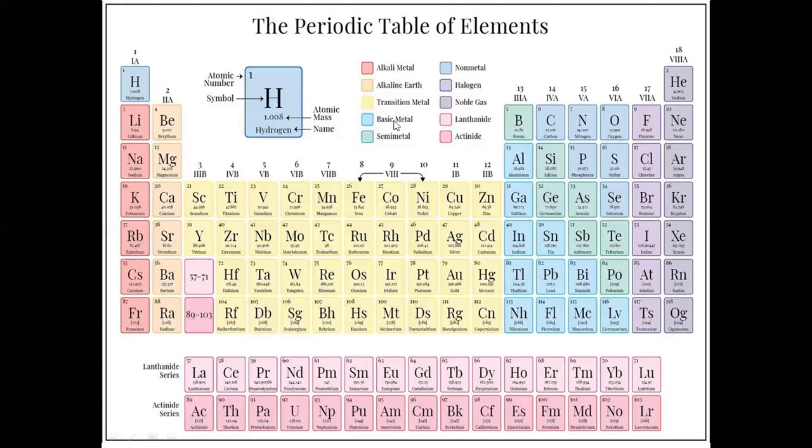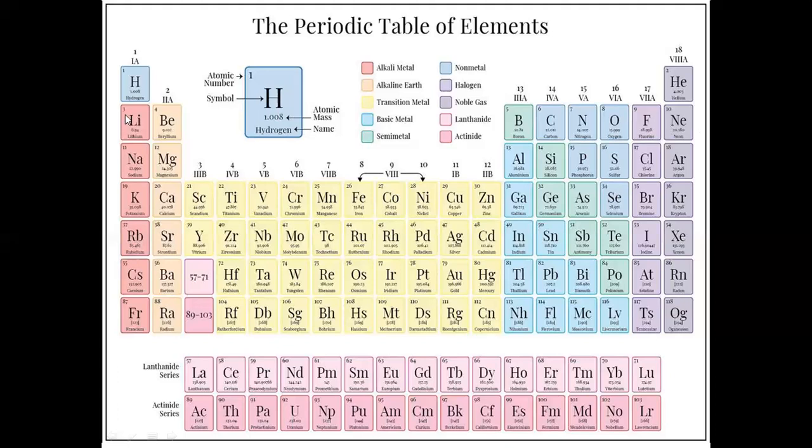If you observe the entire row here, it has only 2 shells. In the first shell, all of them have 2. But the outer shell is varying. The number of electrons in the outer shell is varying for all of them, starting from 1.